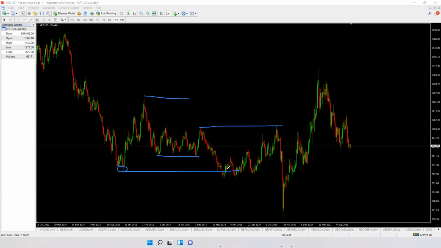If this low breaks and we get a false break and move back above this low, above that level, I have a bullish bias. And then you can go to the lower time frames, or depending on how you trade, find an entry. And then you know where to trade towards the other side of the range.